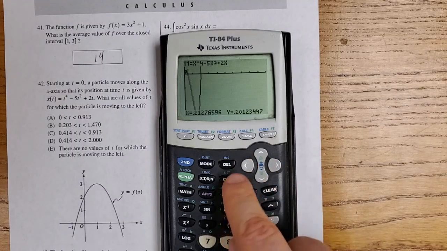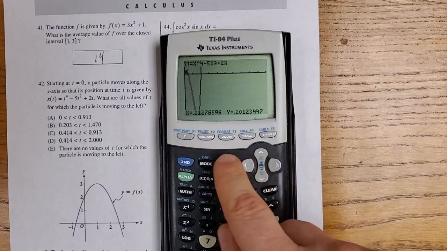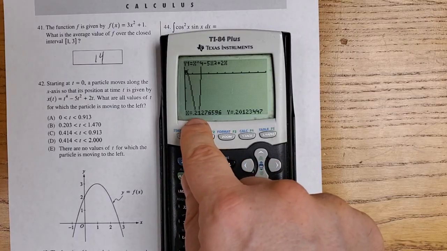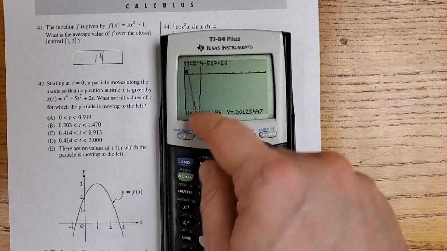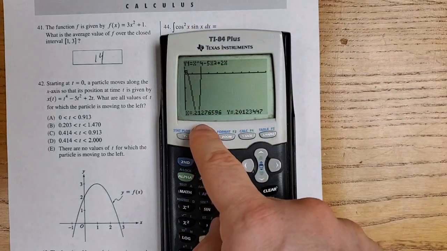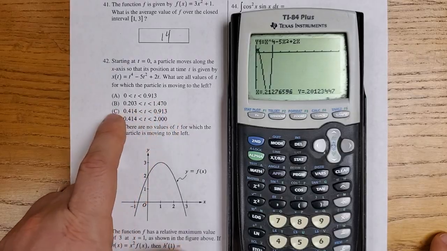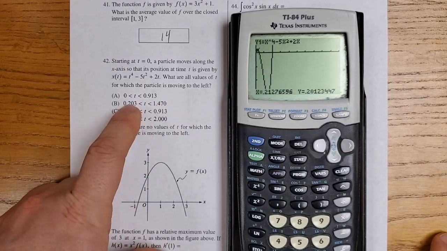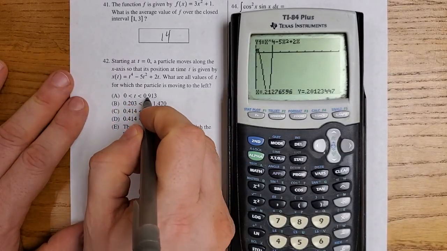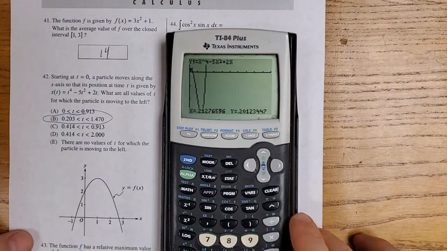It's probably about there, which is about x of 0.2. So the top of that peak is about 0.2, the bottom of that peak is about 1.5. That's the closest we can get to, selection B, which is the answer.